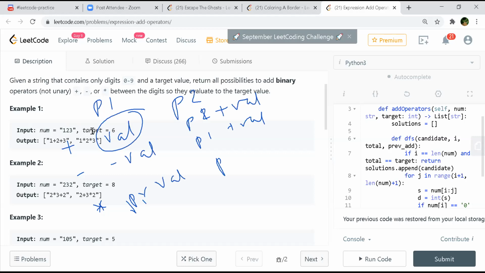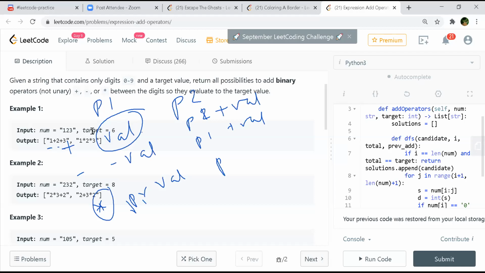So whenever we break down the string, like for 1, 2, 3, we just store 1 in the first case, then 2 in the second case, and 3 in the third case. So for the next time, when we are in the recursion and we go with the asterisk, the multiplication, at that time we can use this val, right?